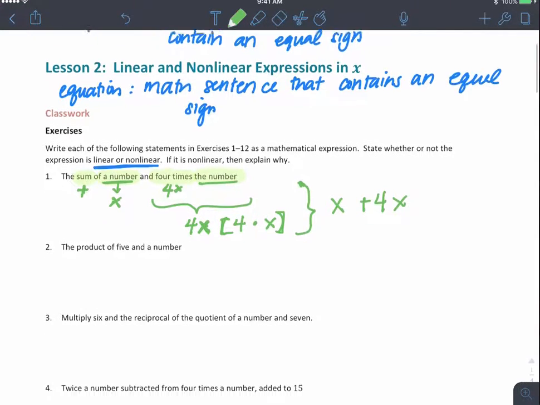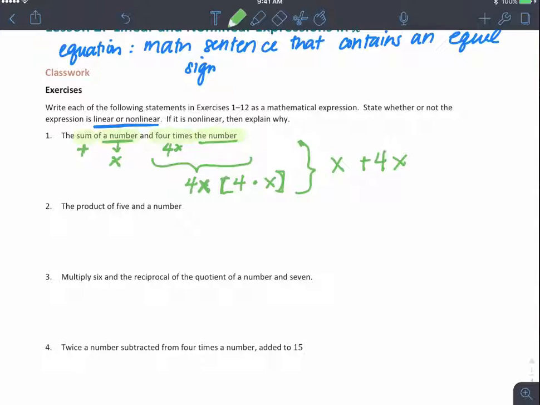Okay. Number 2, we have the product of 5 and a number. Again, we don't know our number, so we can call the number a placeholder or a variable called x. Product means multiplication, so we have 5x.